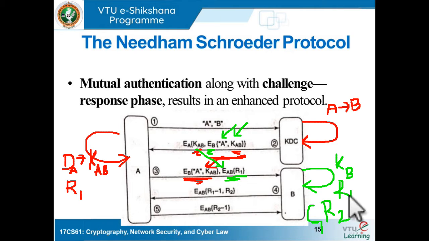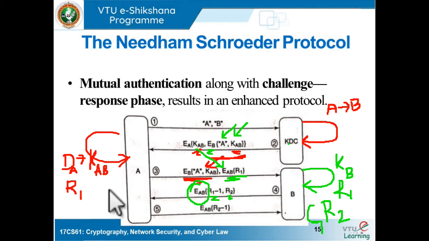Now let's have a recap of this in terms of description. So first, what's happening here? In message 1, A informs the KDC that it wants to communicate with B. Now KDC generates a random secret which we call the session key.